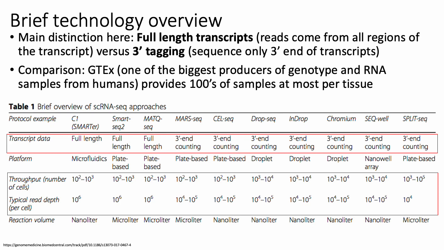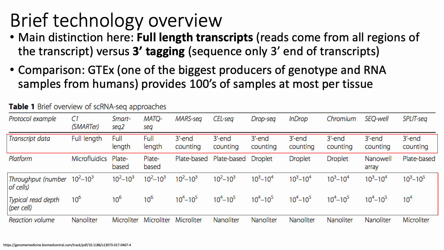In contrast, the 3' tagging methods really only focus on sequencing a small short read out of the 3' end of transcripts. And so you can see in this table below that there's basically an inverse relationship between the amount of detail you get out of an individual transcript versus the throughput of the assay.